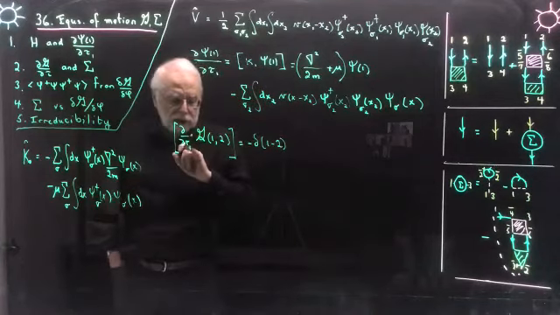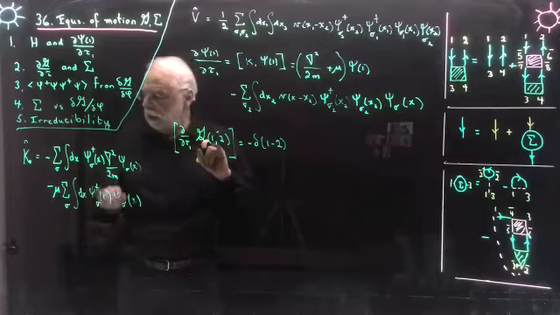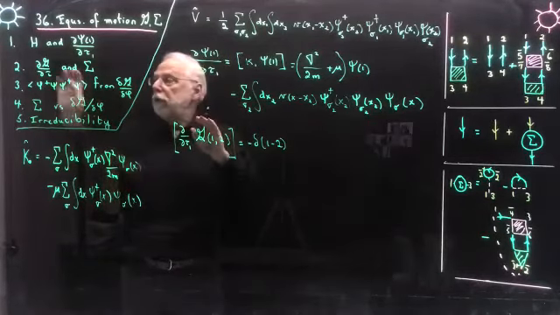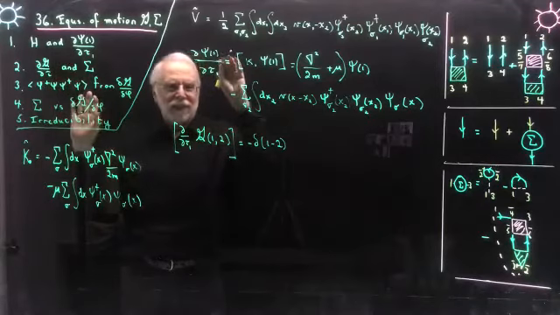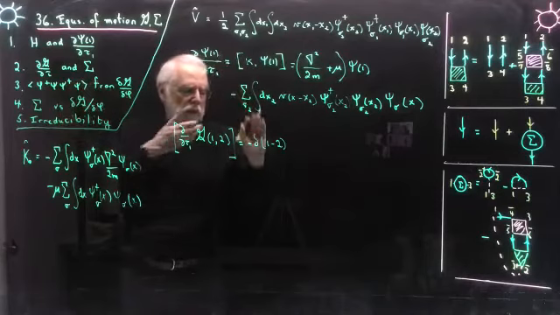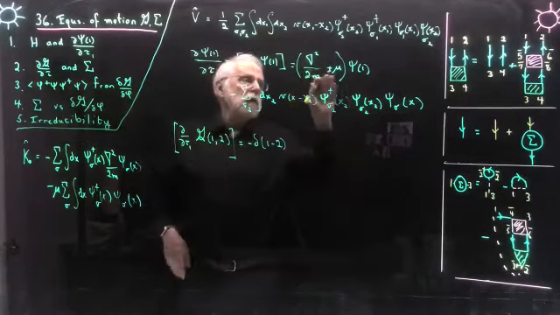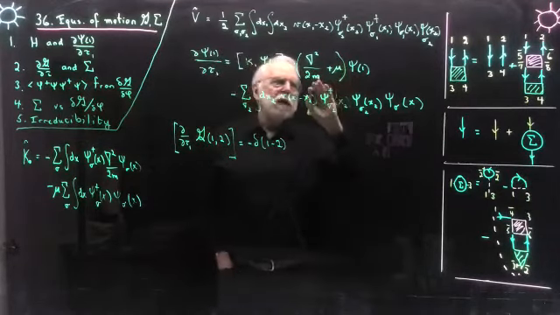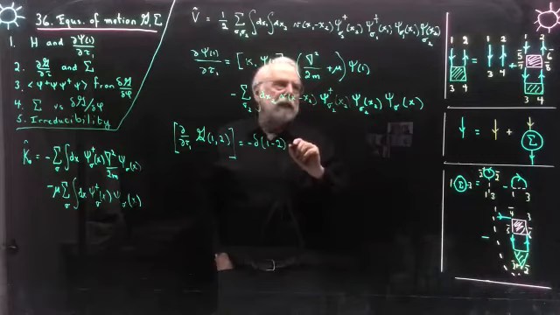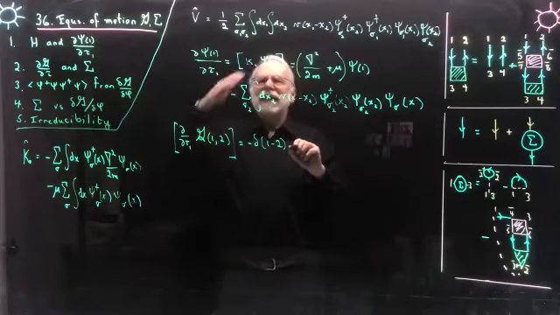Now d tau 1 acts also on psi 1. That's why we worked this out. Otherwise, it was a waste of time. So now, because of the minus sign, we get, let's see, did I get this correctly?